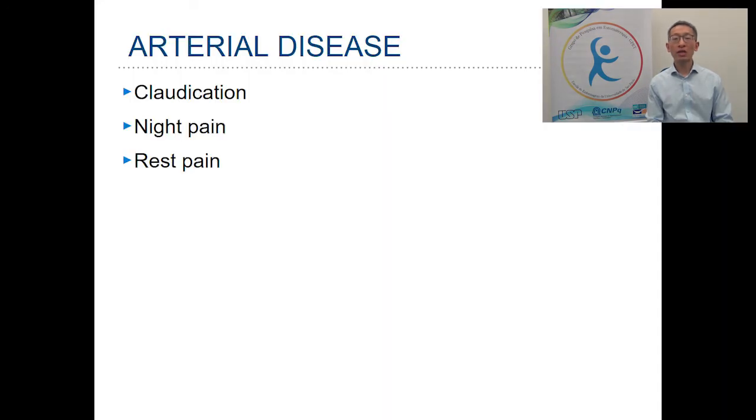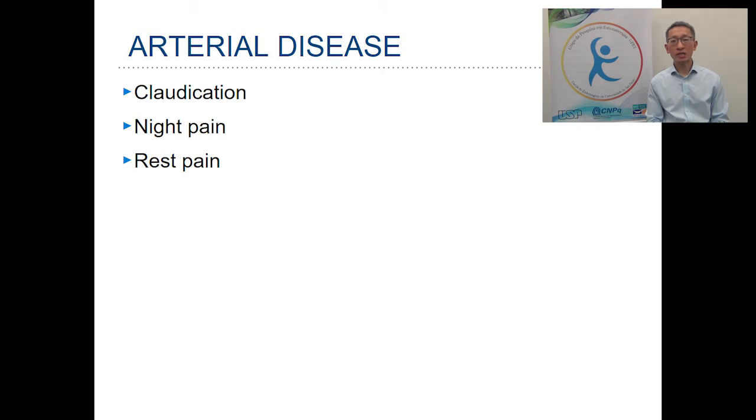And of course, part of the evaluation is to ask the patients about symptoms in relation to claudication or ischemic pain. In the literature, they describe that the pain may start upon exercise, because the demand from the exercising muscle outstrips the supply of oxygen to the muscle, resulting in collection of lactic acid and toxic waste, and that's why patients experience ischemic pain.